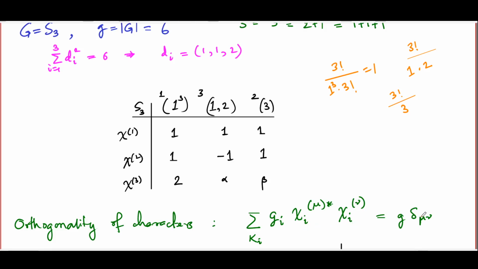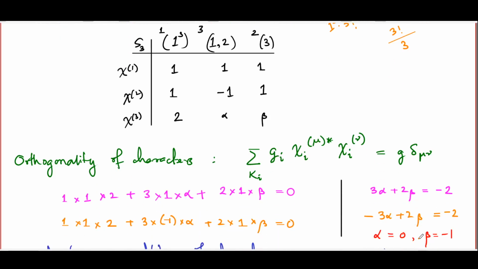The result is either 0 if mu and nu are different, or g if mu and nu are the same. Remember, here we only consider inequivalent irreducible representations. So if mu and nu are different, the two irreps are definitely inequivalent to each other. And this orthogonality relation is something we have derived starting from the great orthogonality relation, which follows from Schur's lemma.